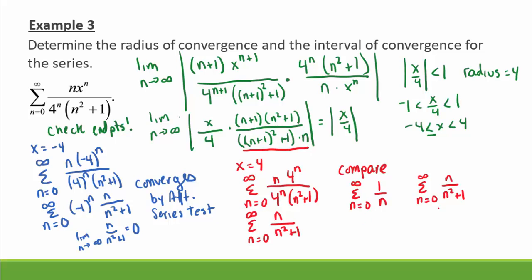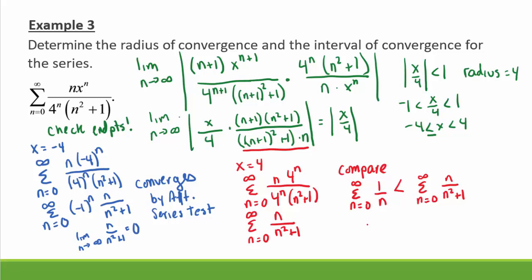Plug in a few numbers. Obviously, I can't plug in 0, so I might have to plug in 1, and 2, and 3, and 4 to figure out which one's bigger. As you get bigger and bigger, it works out that n over n squared plus 1 is bigger.